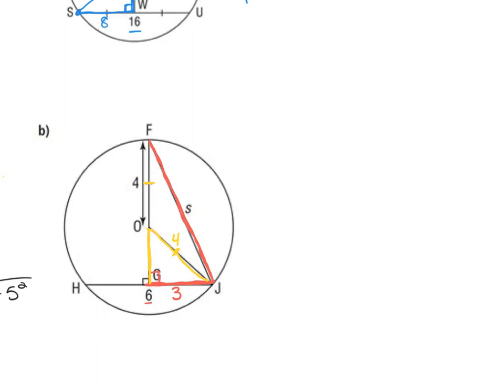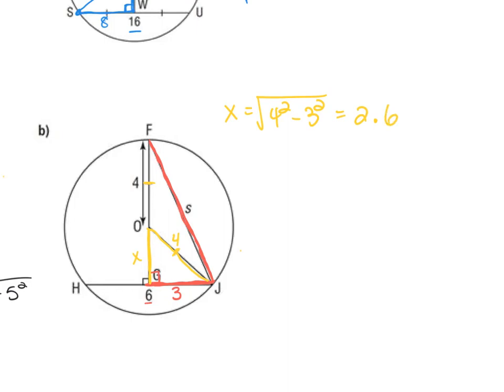So now in my little triangle here, I know 2 sides, so I can find this missing side. So let's do that. I'm going to do it in yellow. I'm going to call this X just because it's the missing side. So X is going to be equal to the square root of 4 squared minus 3 squared, which is equal to 2.6.